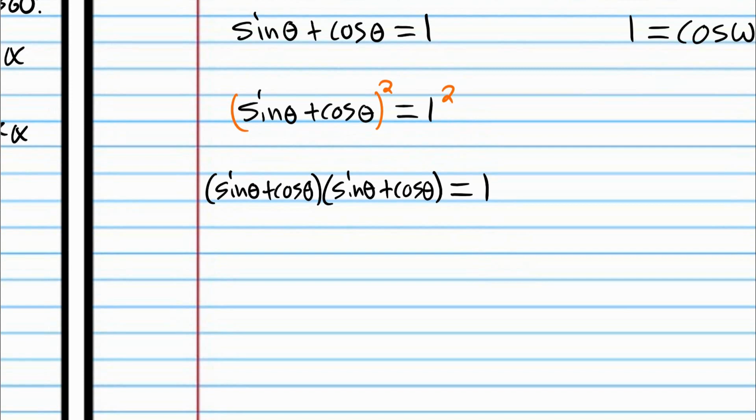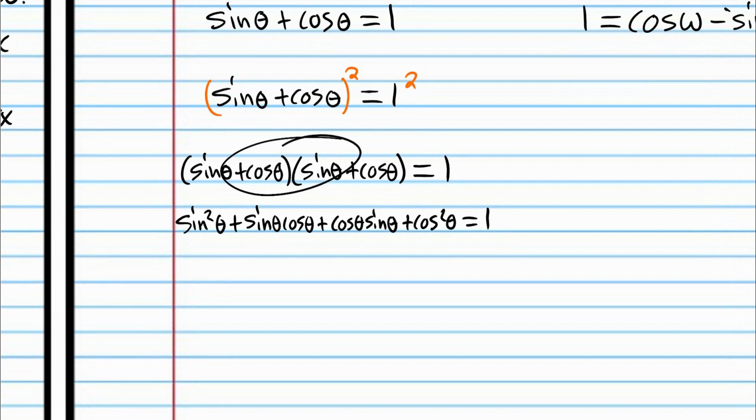And using FOIL, we're going to multiply the first terms, and we get sine squared theta, and then the outside terms, and then the inside terms. And then the last terms. So we use FOIL from here to here.